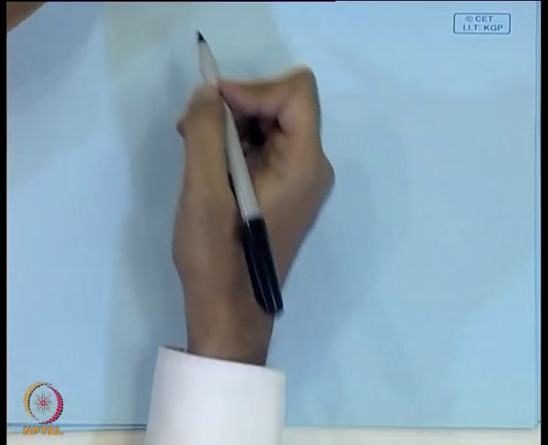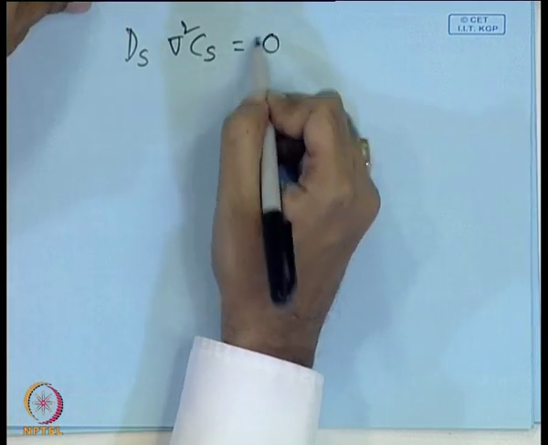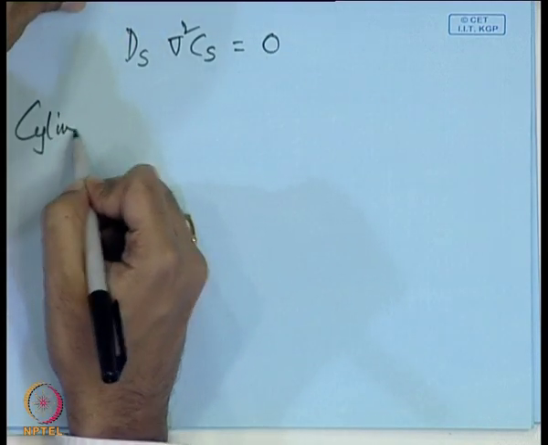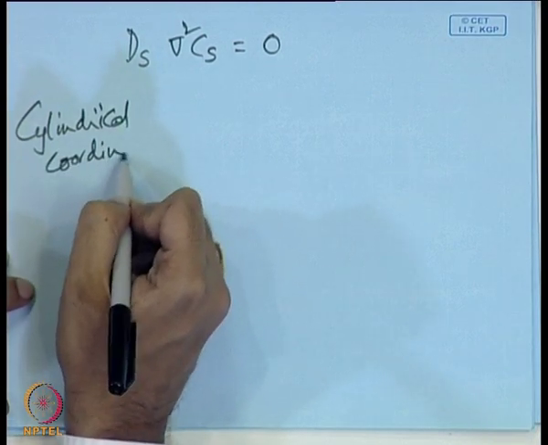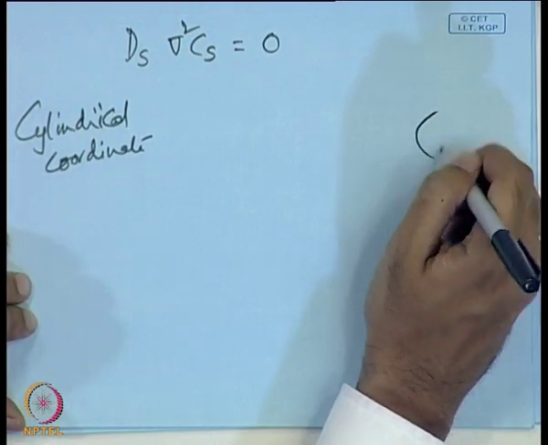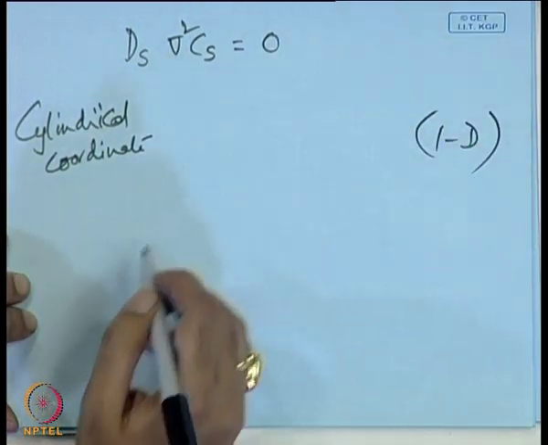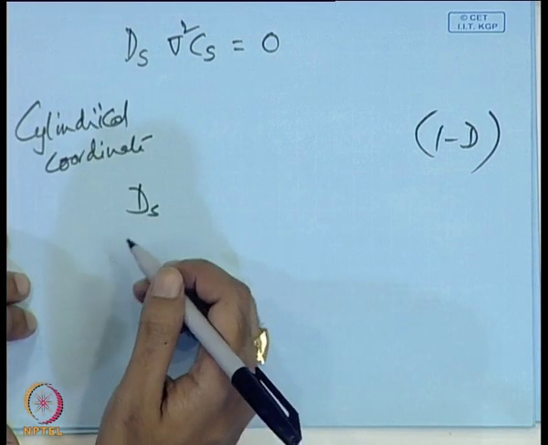Now let us write it in the cylindrical coordinate. So 1D would be only in radial, if I am writing. Do you remember the Laplacian?